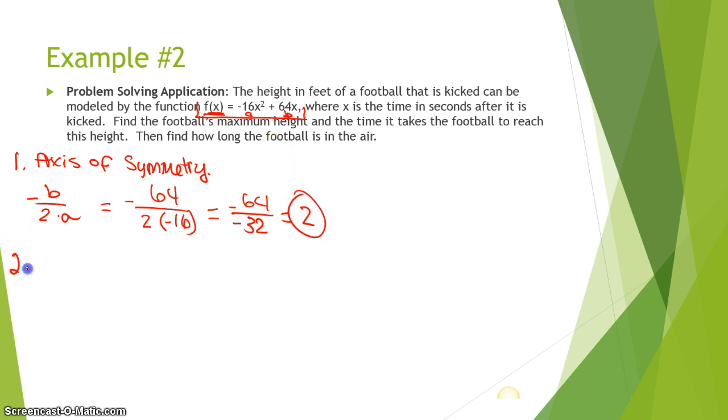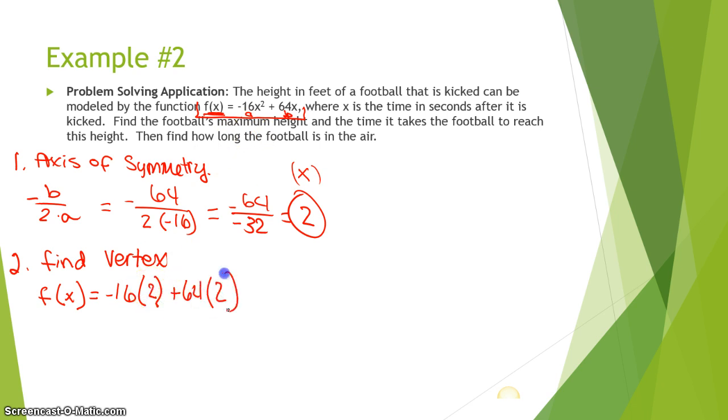Now my second step, I find my vertex. To find my vertex, this value is the axis of symmetry, or we think of as x. So I go back to look at my original equation, f of x, and we're plugging in now 2 for x, equals -16, x squared is going to be 2 squared, plus 64 times 2.